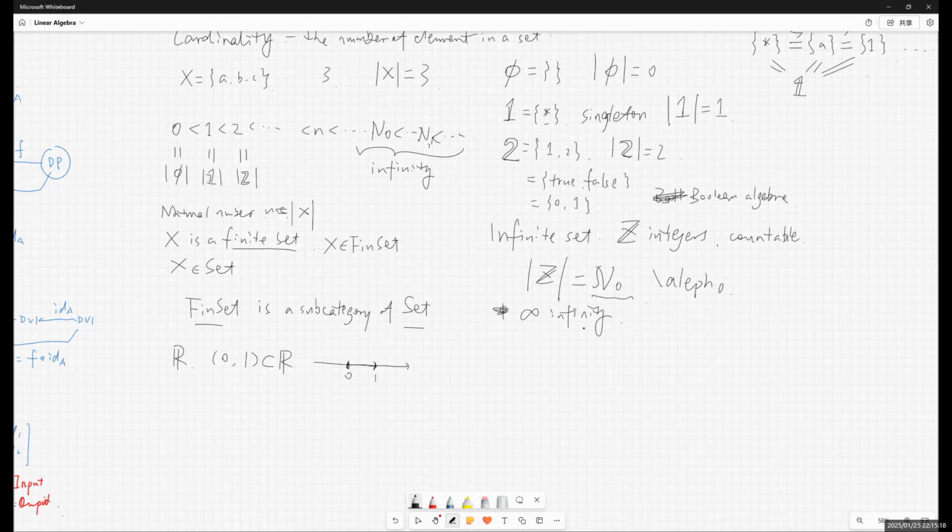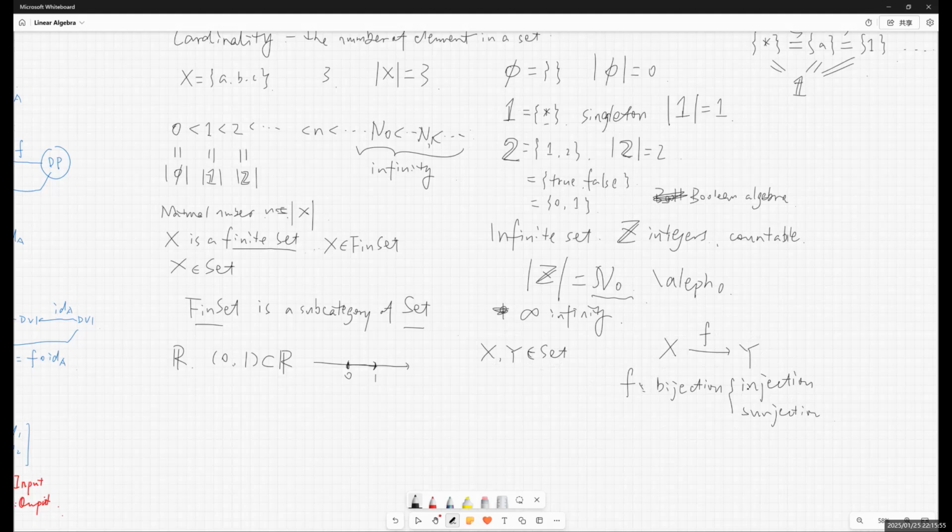Okay, so given any two sets X and Y as objects of the category of sets, if we can make a map f, if f is a bijection, it means it's an injection and a surjection.